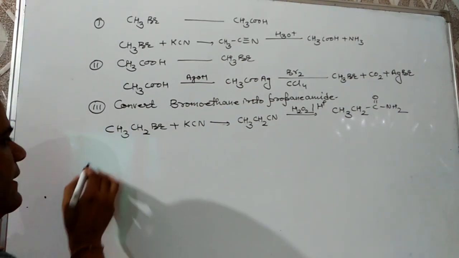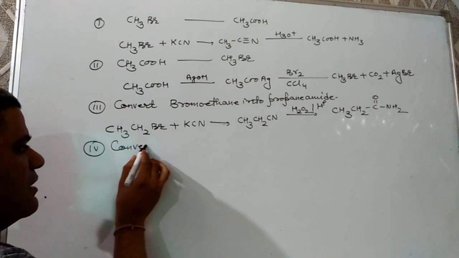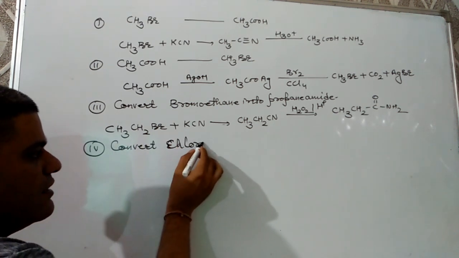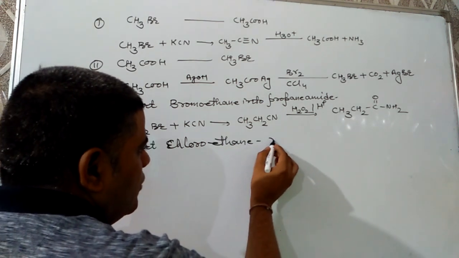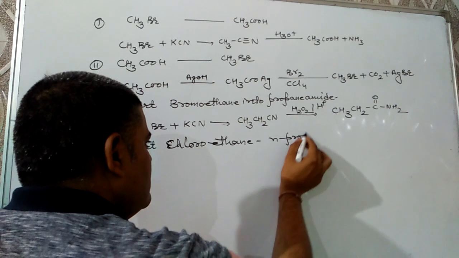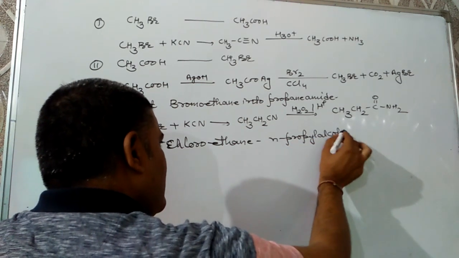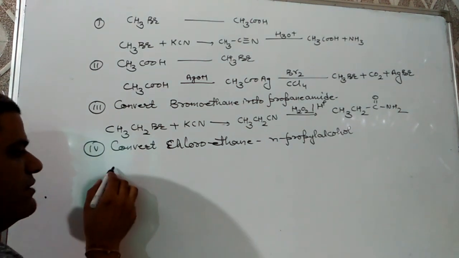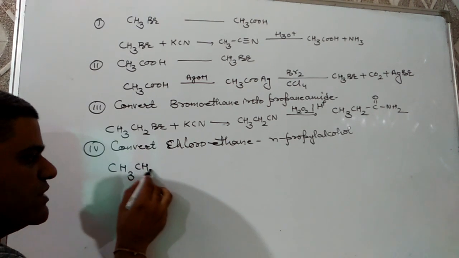Next conversion: convert chloroethane into normal propyl alcohol. So first of all, chloroethane, CH3CH2Cl.